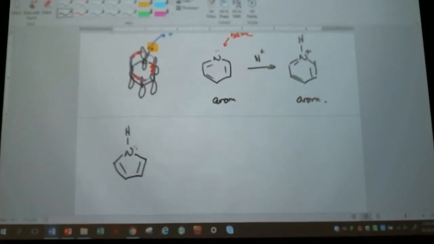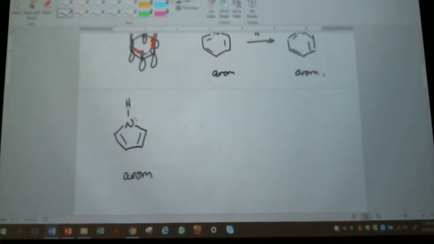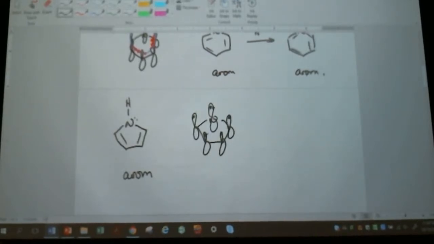In order for this to be aromatic, which it is, I need to have 6 pi electrons, which involves these two, this one, this one, this one, and this one, to give me the 6 pi electrons that I need for this to be aromatic.